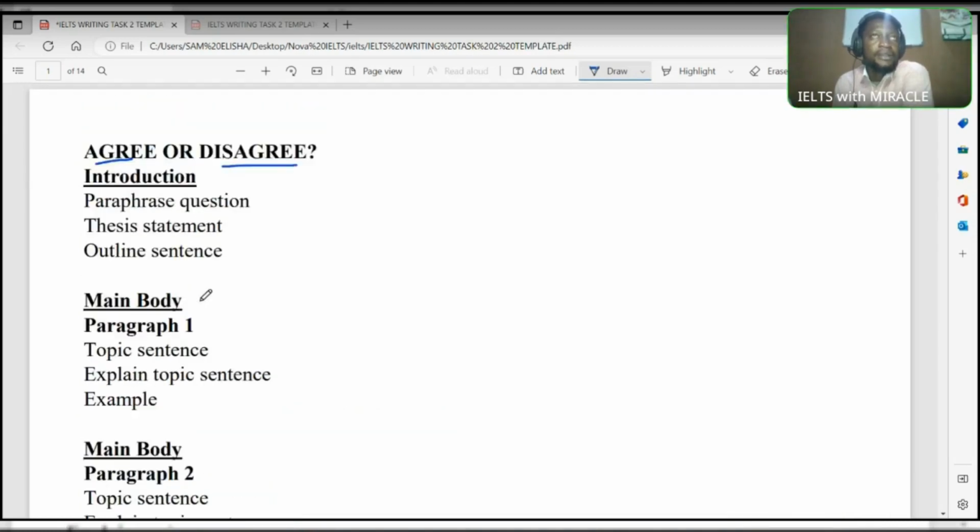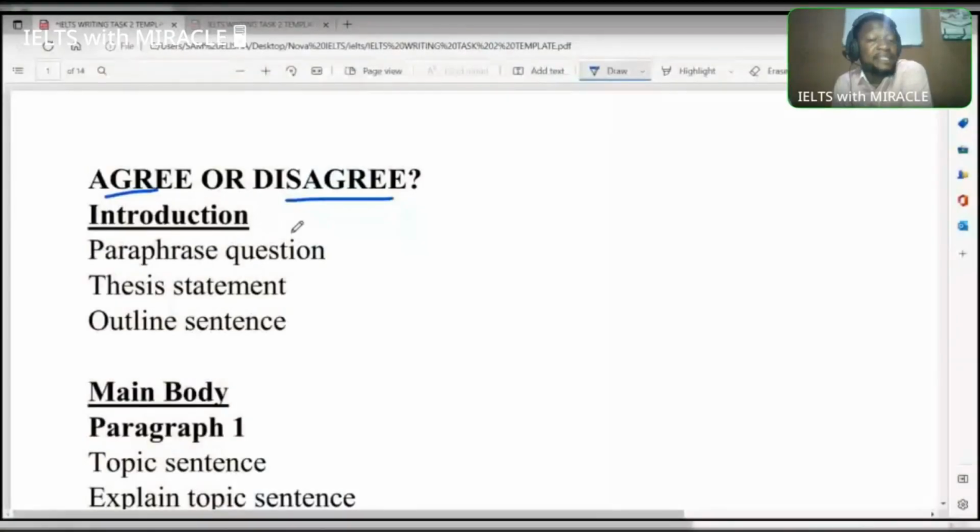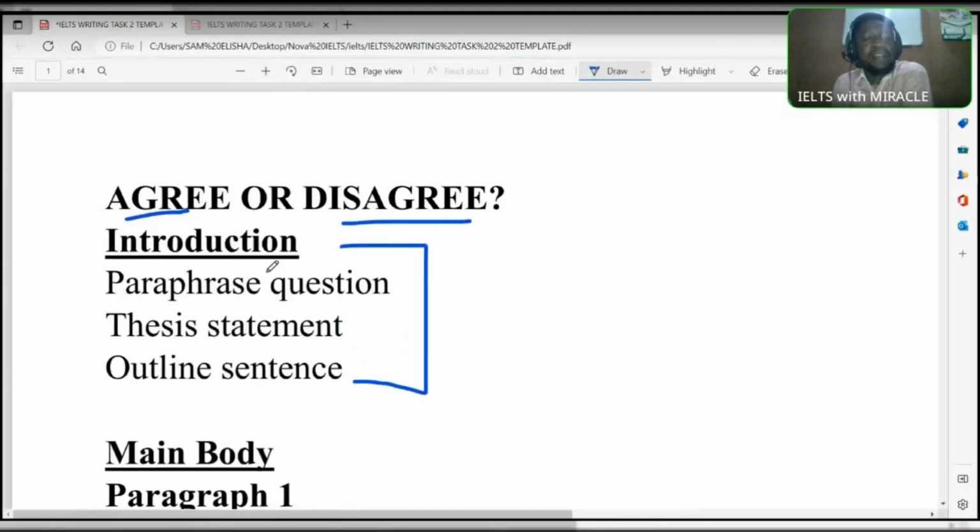Now, let's consider the introduction. Because this is an argumentative essay, this is the structure you should take for the introduction. The first thing you need to do is to paraphrase the question.